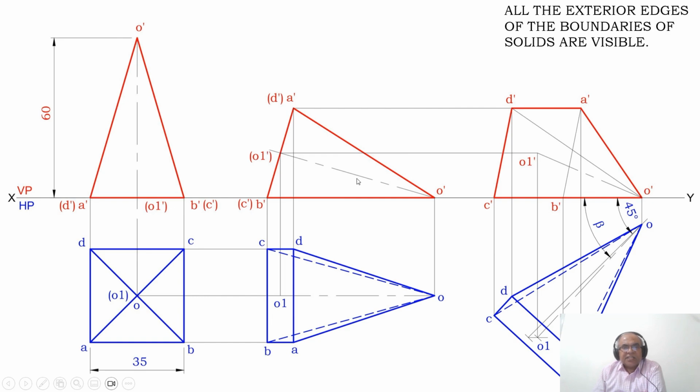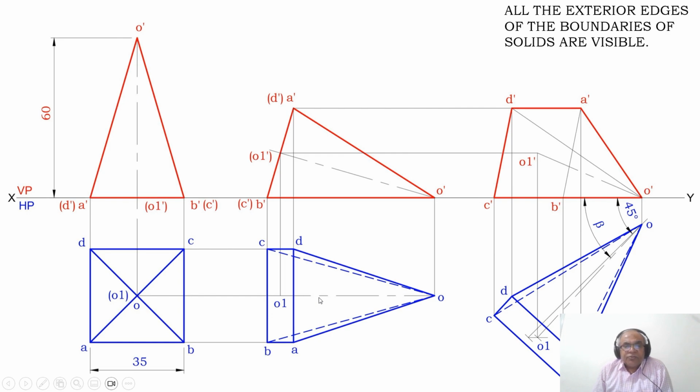Since the axis is inclined to HP, in the top view that axis will be in apparent length. But the inclination given here is the true inclination.